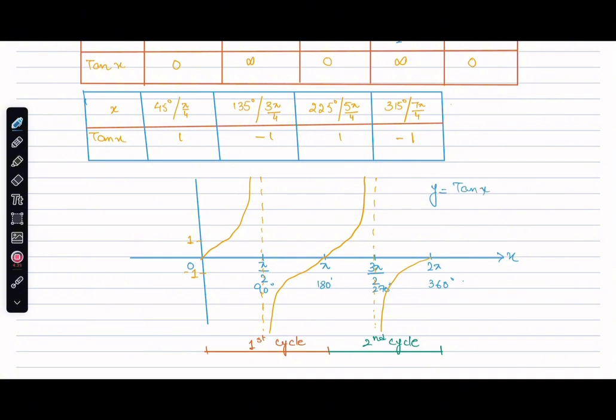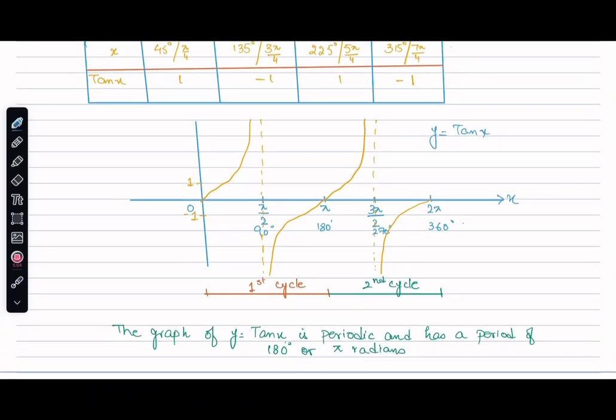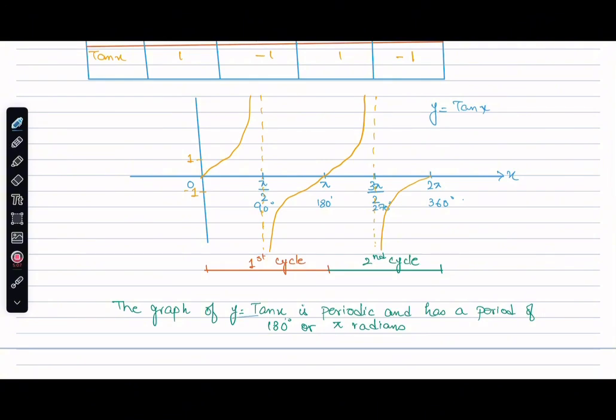Now here I can see that for the cycle of the tangent function, the first cycle gets completed from 0 till 180 degrees or 0 till pi radian. And then from pi till 2 pi, I can see the same cycle repeated, and therefore from pi to 2 pi I can see the second cycle here. So here I should know that the graph of y equals tan of x is periodic and has a period of 180 degrees or pi radian.